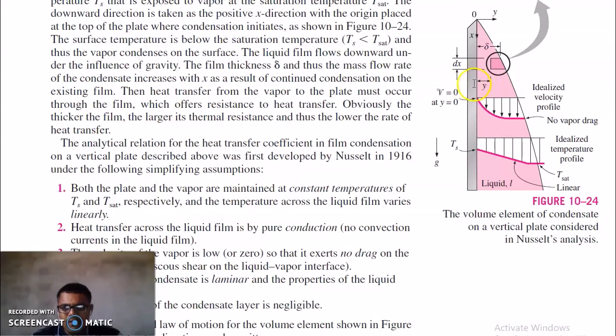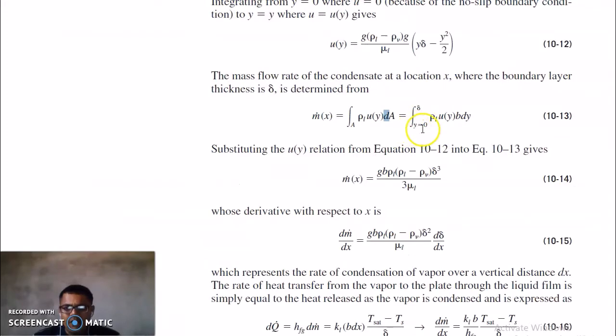The area normal to the direction of flow we have to include. So integrate this from y equal to 0 at the surface to the free stream, where y is equal to delta, the thickness of this film. On this you will get the mass flow rate is equal to this.